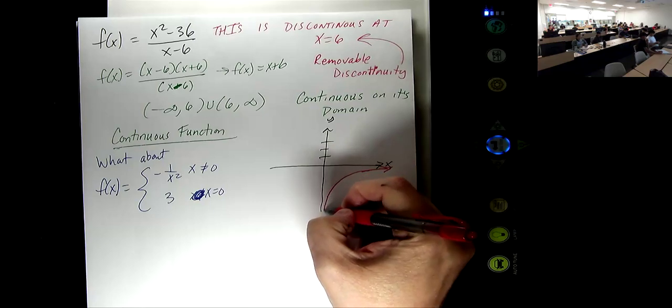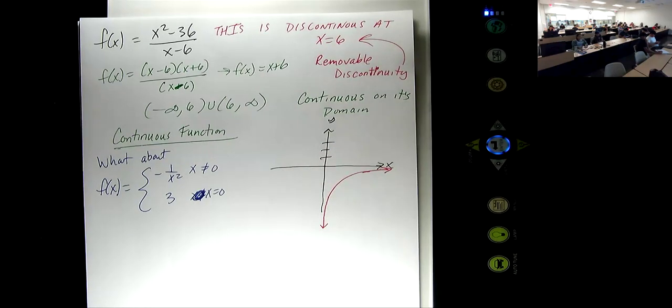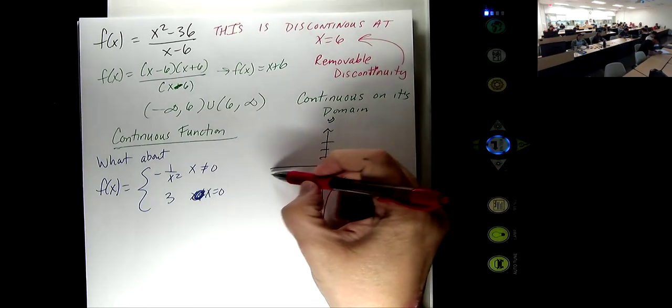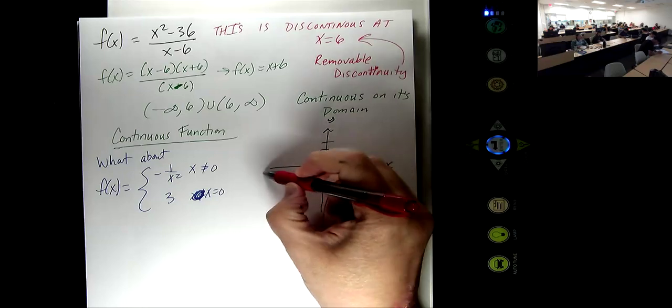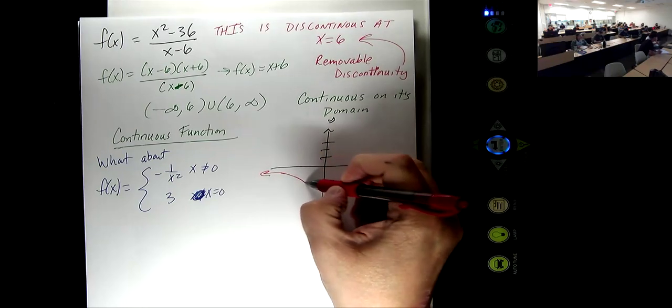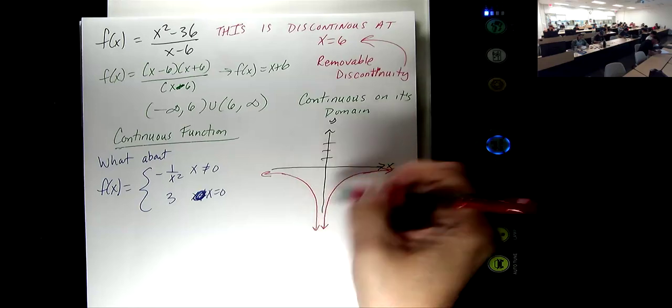A number over a tiny decimal goes to infinity; as the number on the bottom goes to zero, it goes to infinity, but the negative is making it negative. If we stick in negative values, it's doing the same thing. And if we approach zero from the left, it's still doing that.